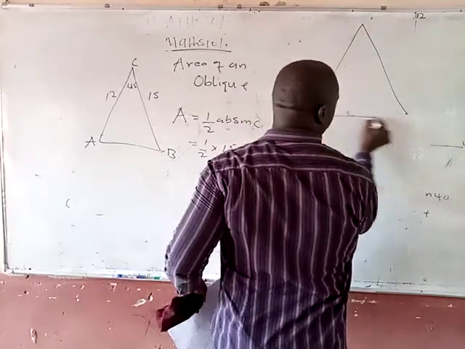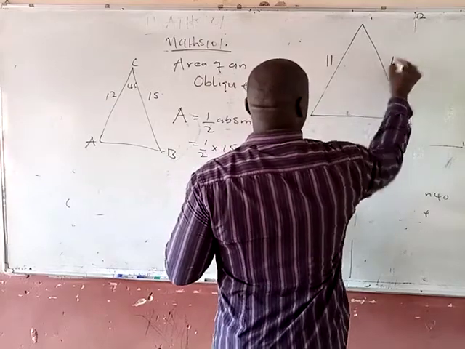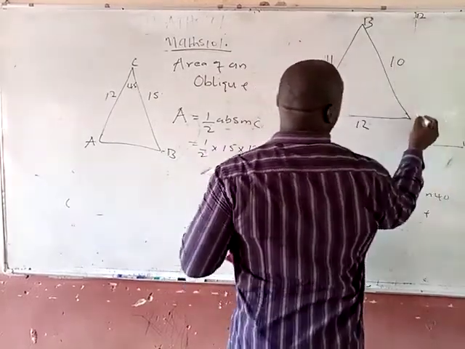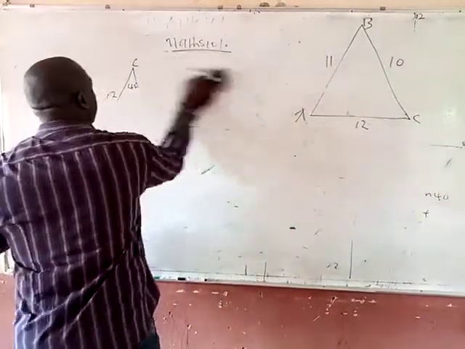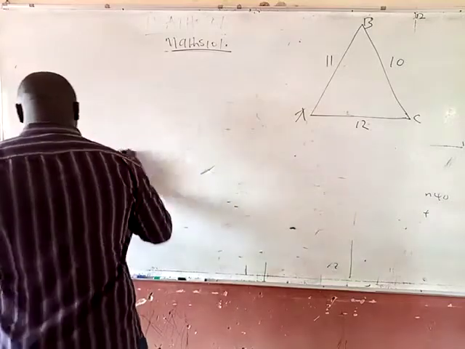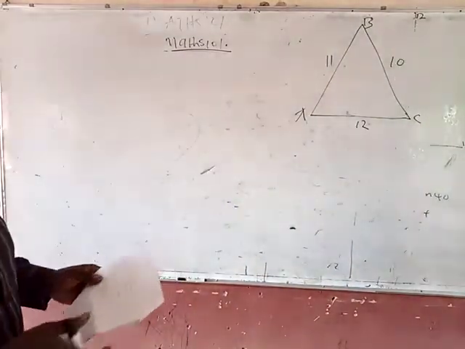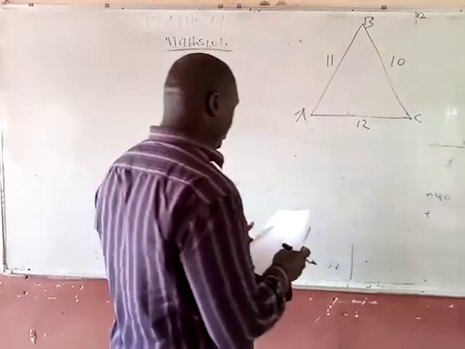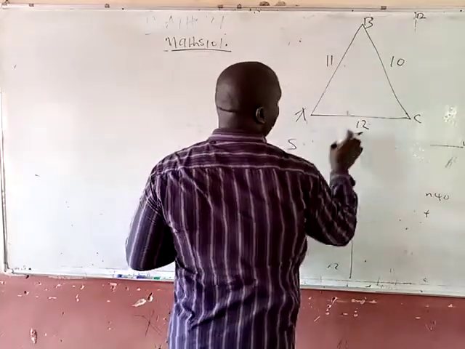Good. What if I give you a triangle like this, with only sides? You have a side here that is 11, here is 10, here is 12, and the vertices are A, B, and C. And I ask you to find the area of the triangle. How can you calculate the area of a triangle having only sides? There is a formula we call the Heron formula, and it uses only sides, no angle.